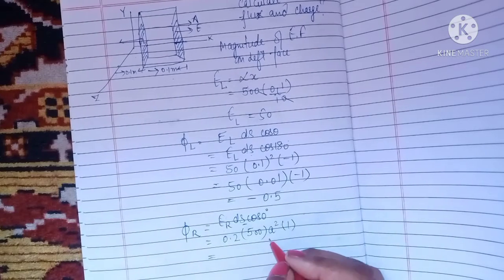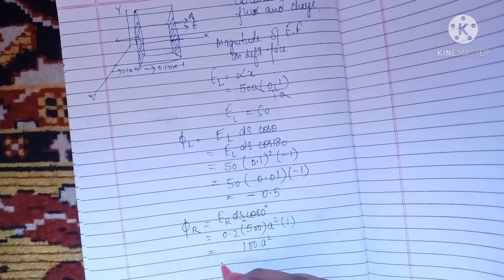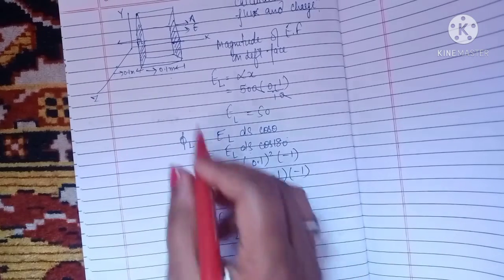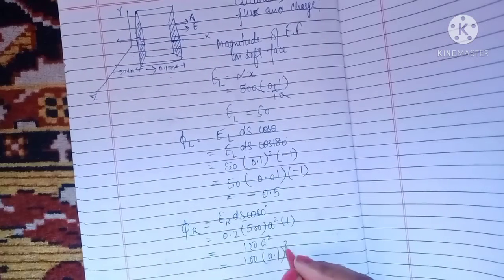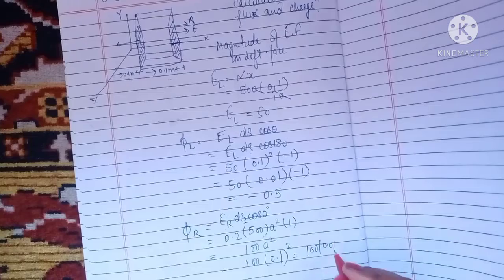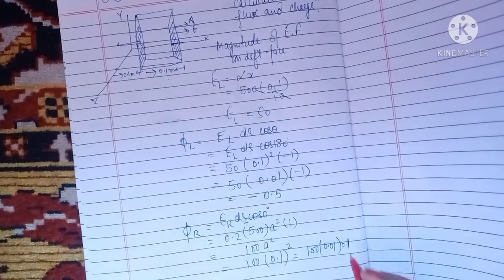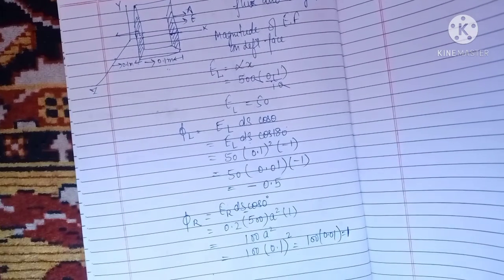So when you solve this, it comes out to be 100 a squared, and a is the side of the cube, that is 0.1, so 100 into 0.1 squared, that is 100 into 0.01, and that finally comes to be 1, right? Now this 1 is the flux here, right?